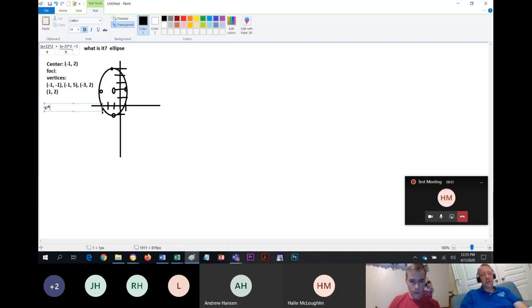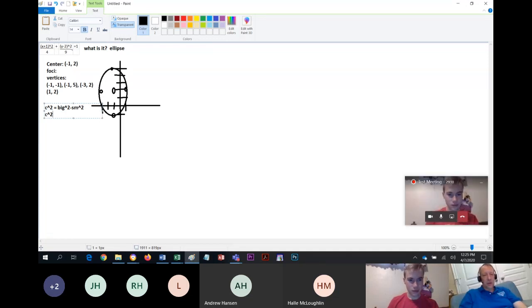So for the ellipse, remember it's c squared equals the big number squared minus the small number squared. So 9 minus 4. Exactly. So c squared equals 9 minus 4. So therefore, c is going to equal the square root of 5.